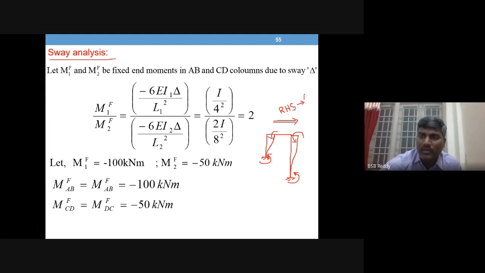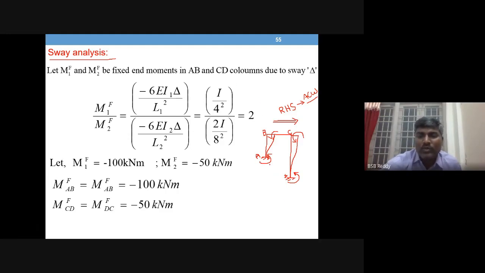If the sway is towards the left, then the moments will be clockwise. So all are anti-clockwise. You can see all the moments developed at A and B in column AB, and C and D in column CD, all are anti-clockwise. So all are negative moments.